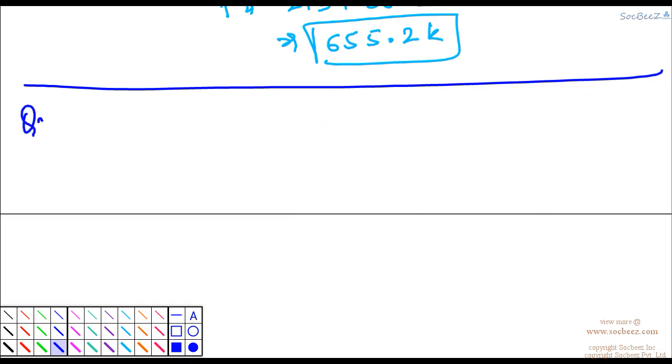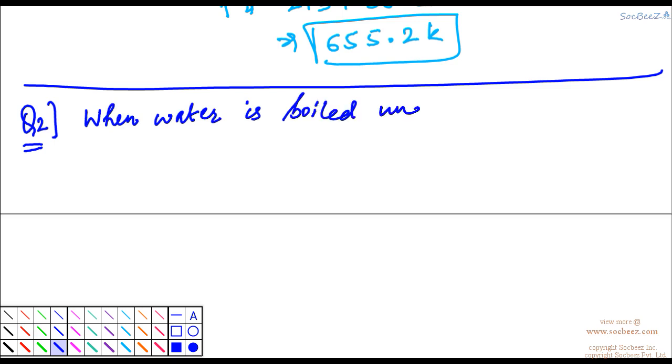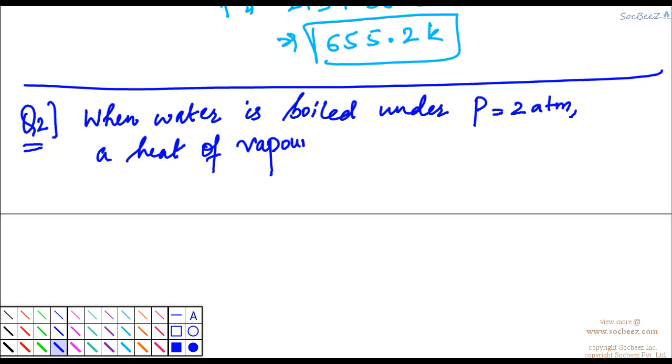Okay, so let's try another question based on a different concept. The question is: when water is boiled under a pressure of 2 atm, a heat of vaporization... A very important concept in this chapter is keeping an eye on the units, because a slight change in the units can do you in on the question.